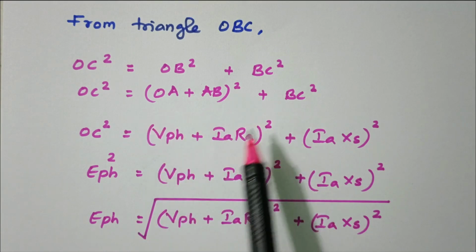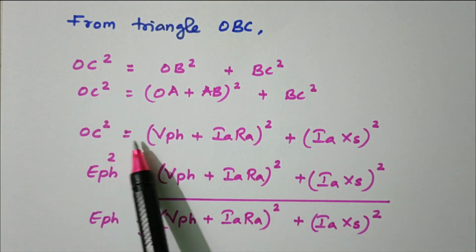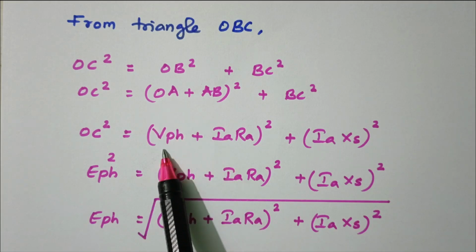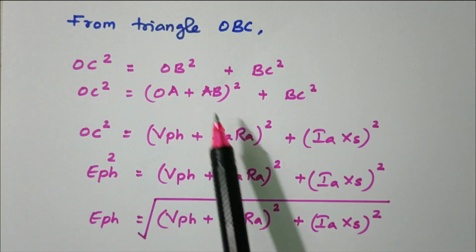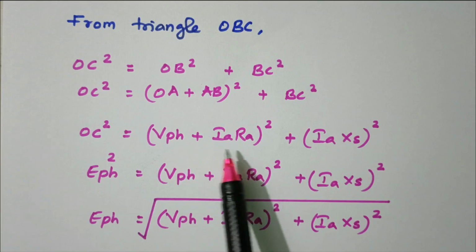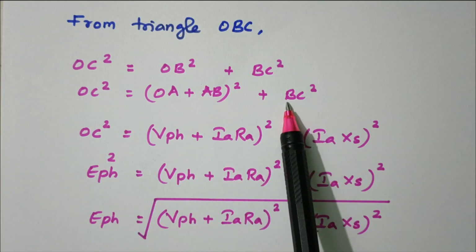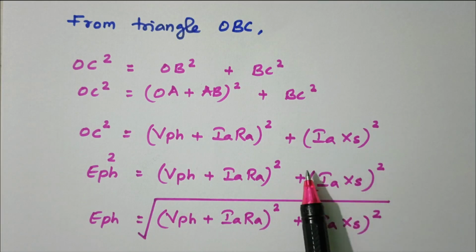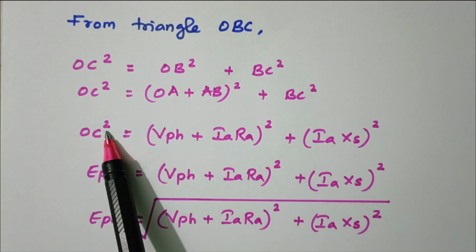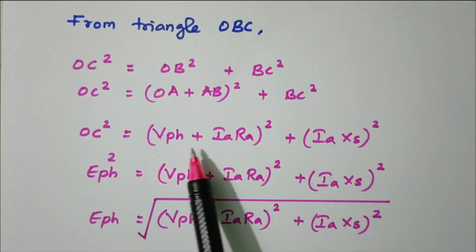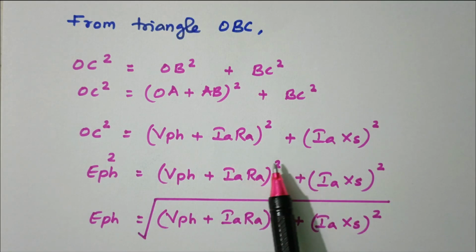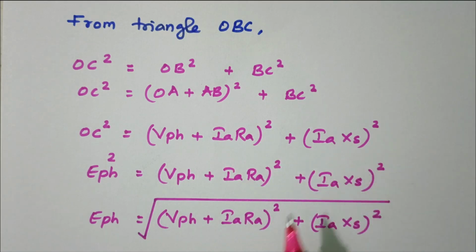Right, now we'll substitute all the values. OC square equals, OA is nothing but V phase, AB is nothing but IARA, that we already discussed in the diagram, BC is IAXS. So OC square equals V phase plus IARA the whole square plus IAXS the whole square.